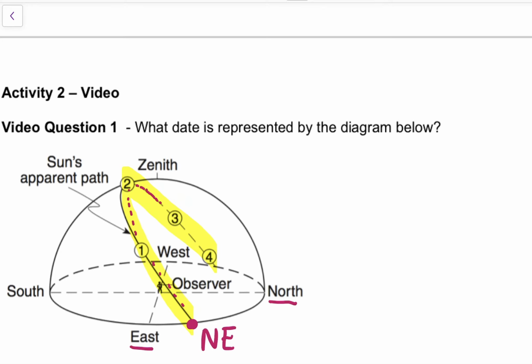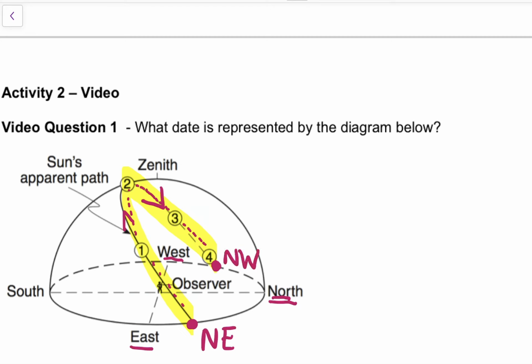And then it comes down, starts to set, hits position 3, and then comes further back down to hit position 4. So the sun is rising here, reaching the highest point at 2, and then setting on this side of the diagram. So if I look to where the sun is setting, it seems to be setting here, and that's in the northwest.